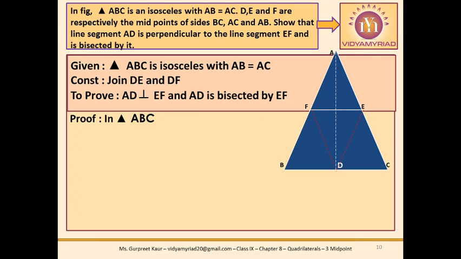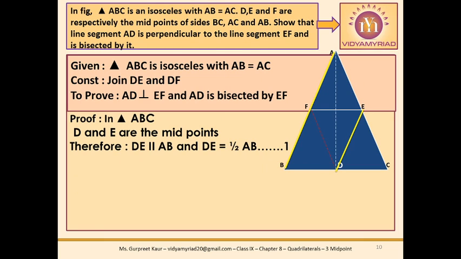So let's begin with it. In triangle ABC, D and E are the midpoints. In that case, what will happen? DE will be parallel to AB and DE will be half of AB as per the midpoint theorem.